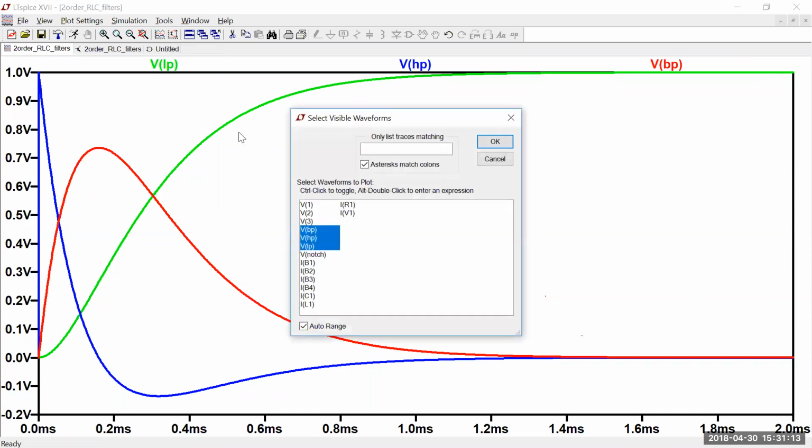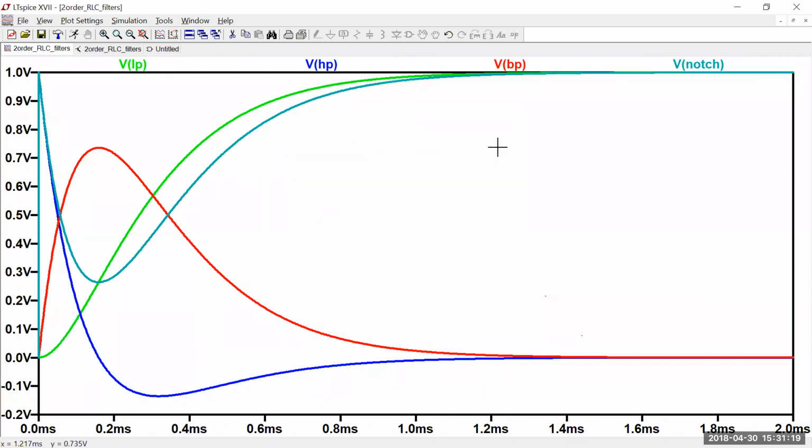Now, notch. So look at long period of time. It's passing the 1. Remember, this was a 1 volt step.